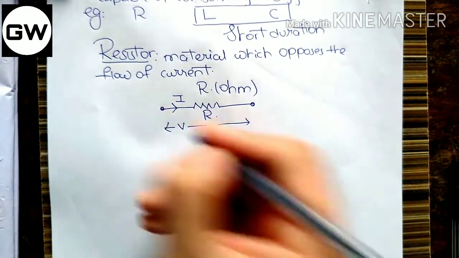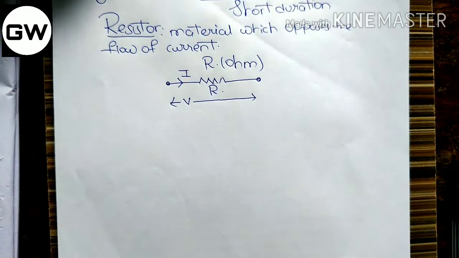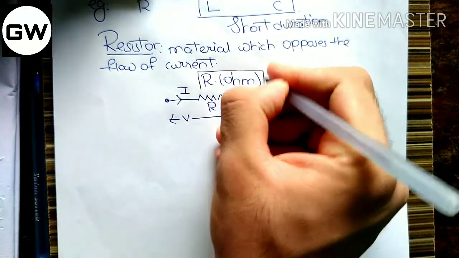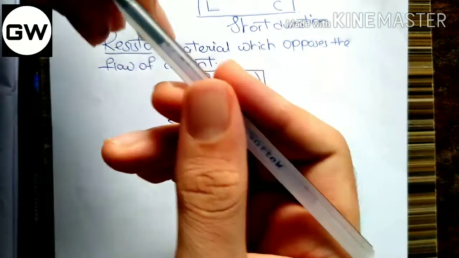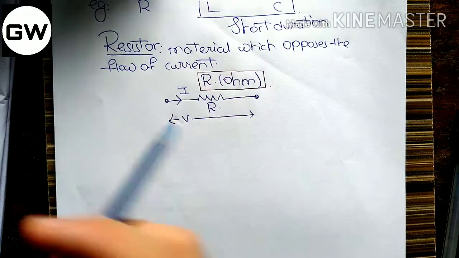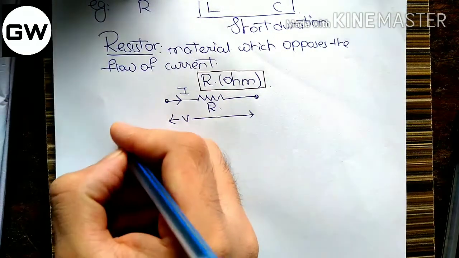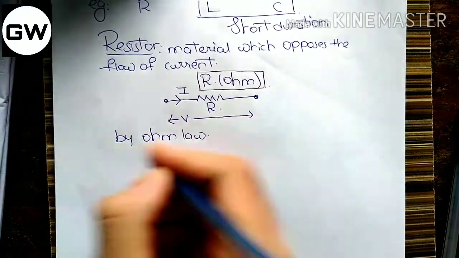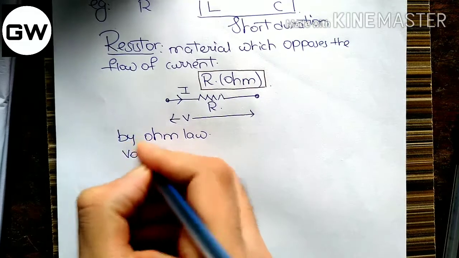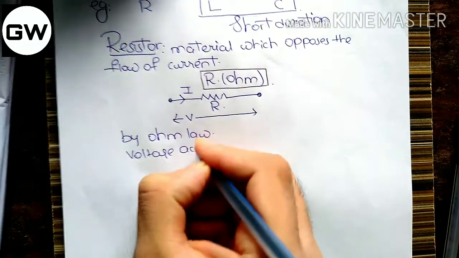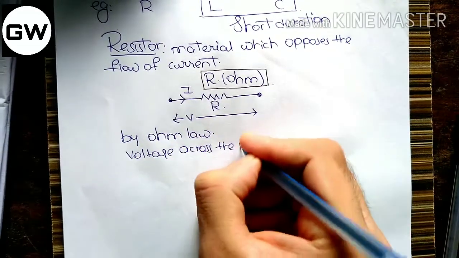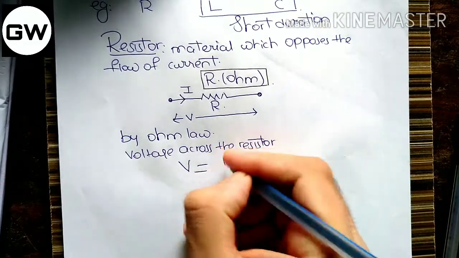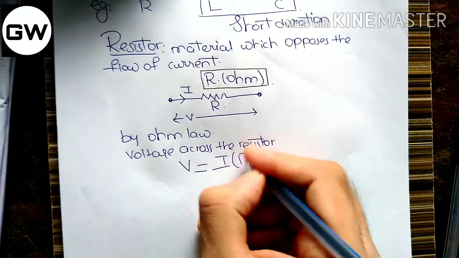Now, by Ohm's law, the voltage across the resistor V is equal to the current flowing through it into the value of the resistor.